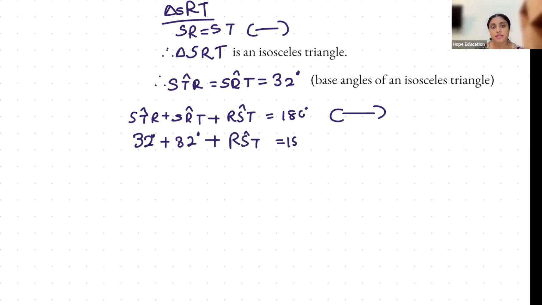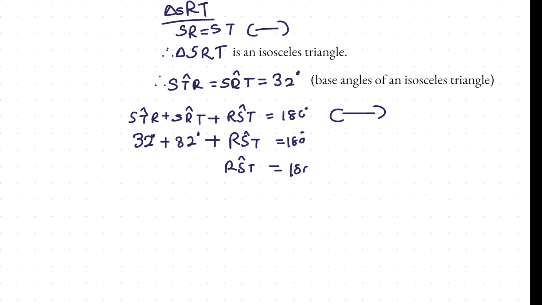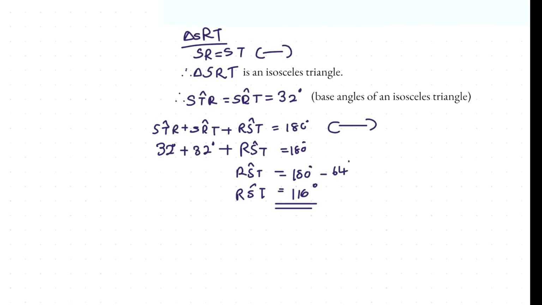So RST is equal to 180 minus 64, because 32 plus 32 is 64. 180 minus 64 is 116. Okay, so RST is 116.